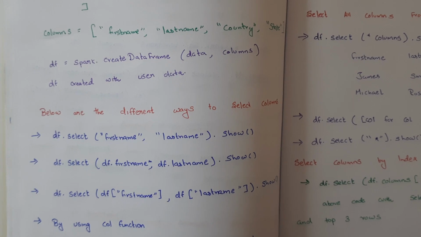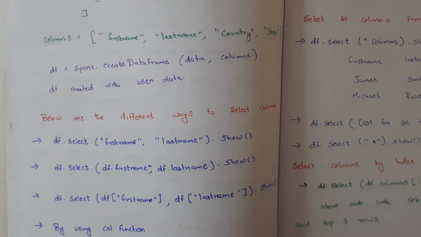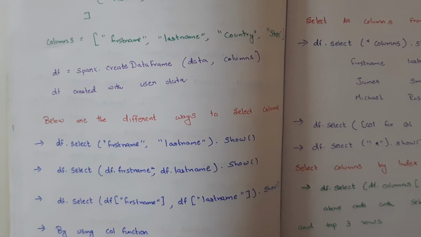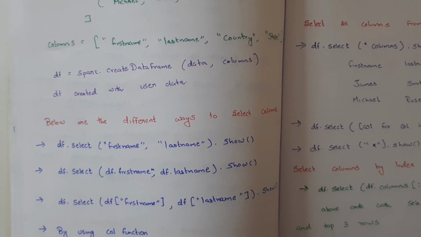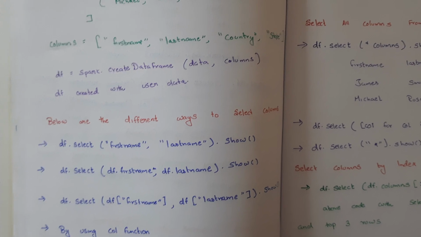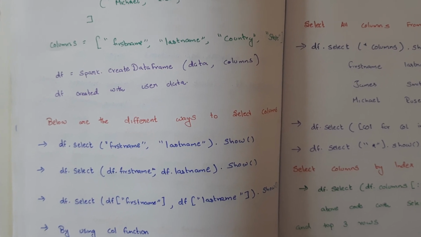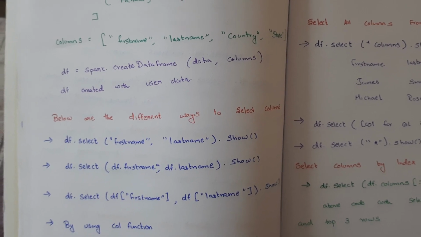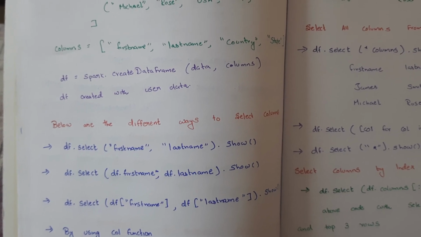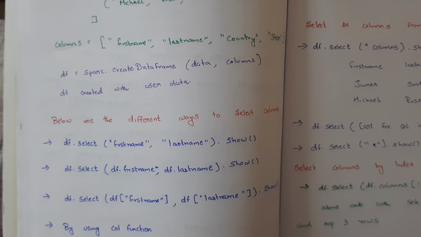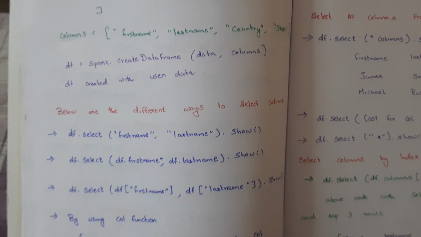The second way is df.select, and inside the select function you can do df.firstname, comma, df.lastname. The other way is df.select, and inside the function you can do df['firstname'] and df['lastname'], then you will get the corresponding values out of it.